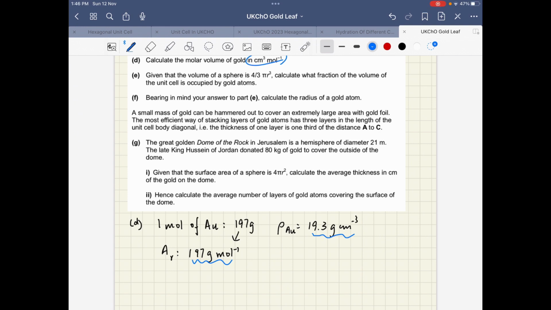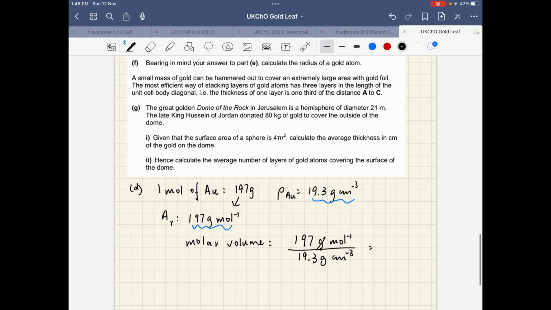So my molar volume would be 197 g per mole divided by 19.3 g cm negative 3. So this will give me a unit of... let me just calculate the value really quickly.